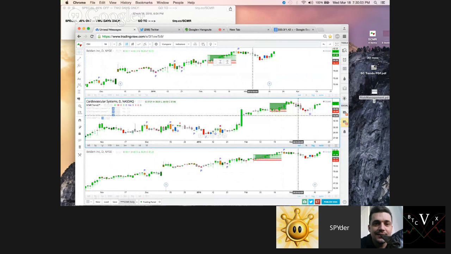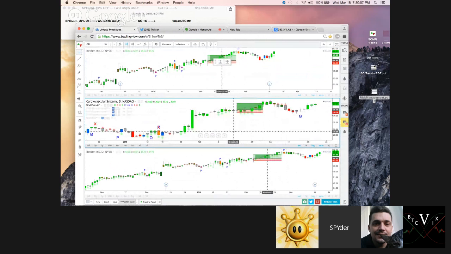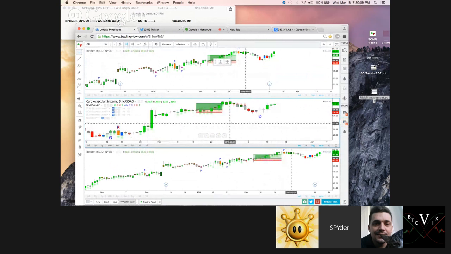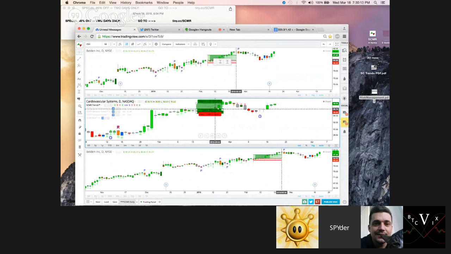You notice my box was already drawn because this was a trade that I took, 2.7 times risk reward, but it occurred basically at the same time as this trade. So this trade was in the middle of February. This trade was at the end of February. What happens then? Well, if this used up 50% of my capital and this used up 80% of my capital, then yes, I would be levered 30% because I'd be using 130% of my capital.